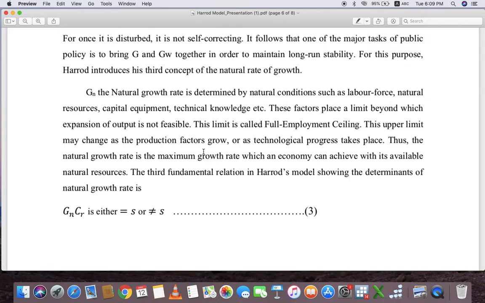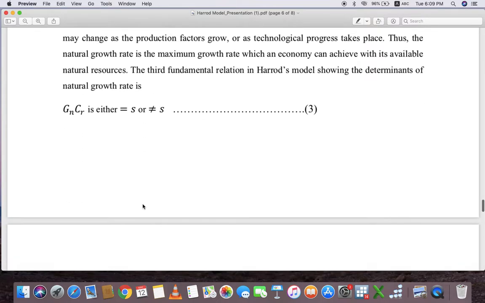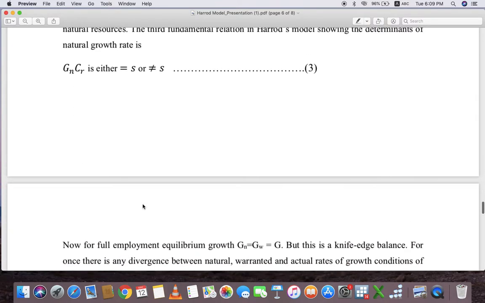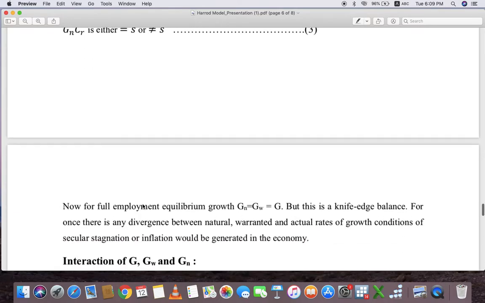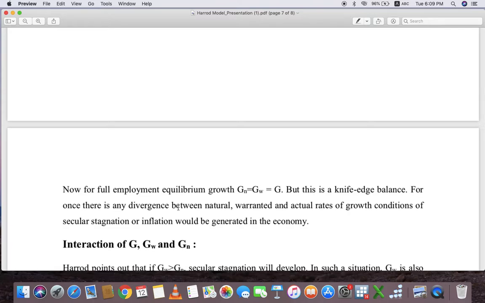So, here comes the third fundamental relation of Harrod's model, showing the determinants of natural growth rate, that is Gn into Cr is either equal to S (small s) or not equal to small s. So, for the full employment equilibrium, Gn must be equal to GW must be equal to G, but this balance is a knife edge balance.